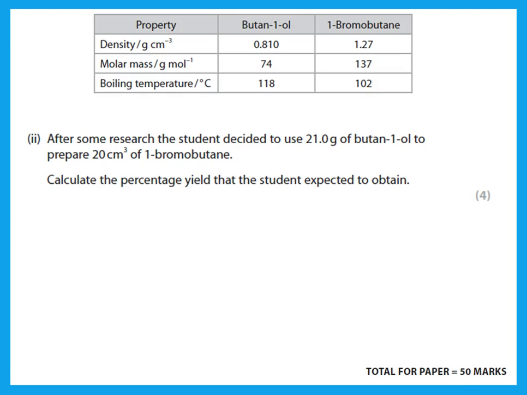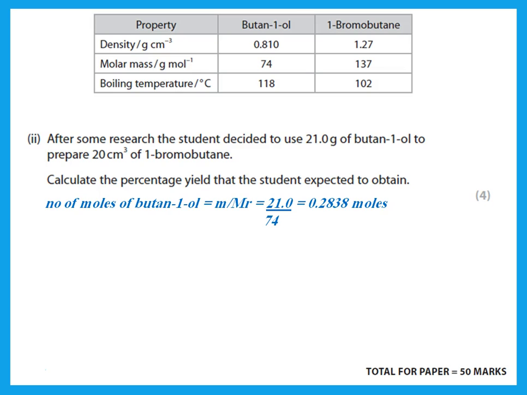We go back to the information that he gives us. He gives us in the table the density of each one, the molar mass of each one. So I can use this to calculate how much he should get of the bromobutane. So first of all, he says he has 21 grams of butanol. Well, the number of moles would be the mass over the molar mass. He already gives me the molar mass of the butanol up there, so I get the number of moles of butanol.